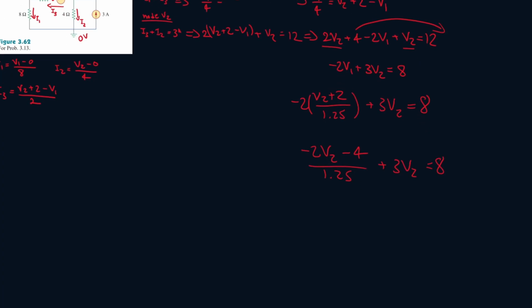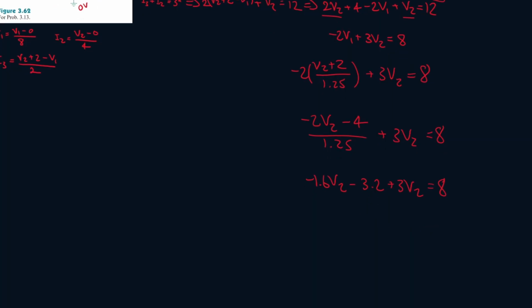So minus 2 divided by 1.25, that's minus 1.6V2, minus 4 divided by 1.25, minus 3.2, plus 3V2 equals 8. Let's bring this to the other side. So it's 8 plus 3.2, which is 11.2. And let's add these two up. So it'll be minus 1.6 plus 3, which is 1.4V2.